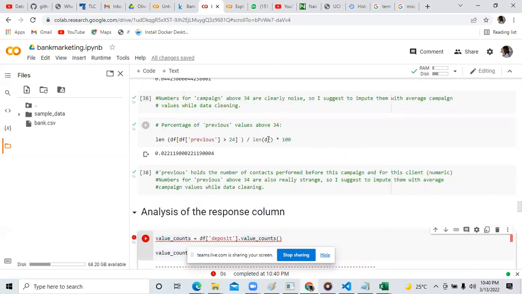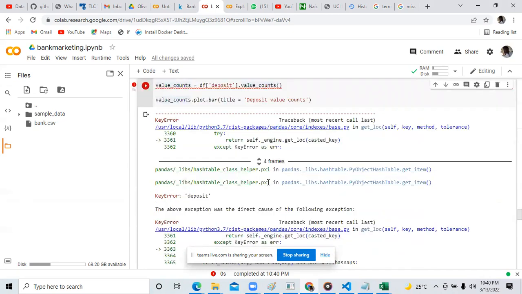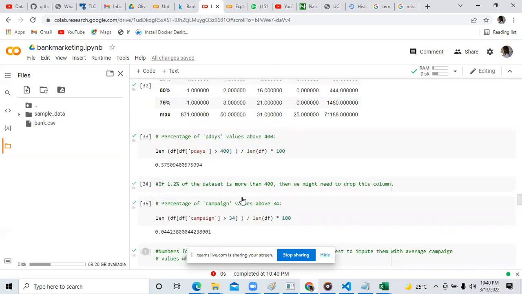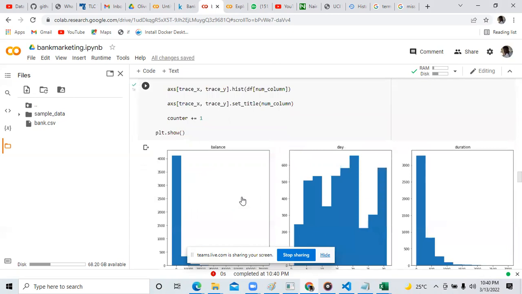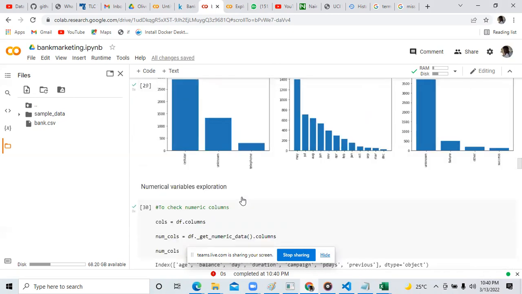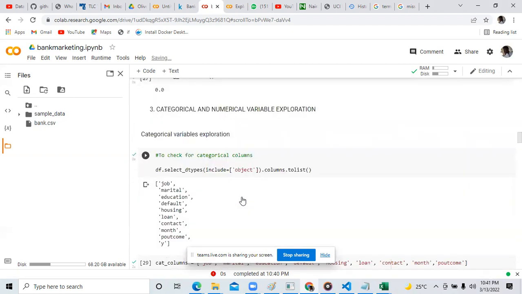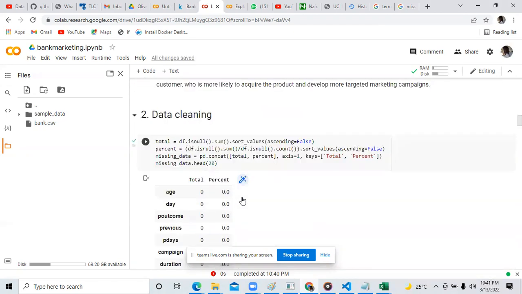Okay, it means that the problem is in this code. The keyword deposit. Key error deposit. Is it possible that deposit might be a Python command or something?